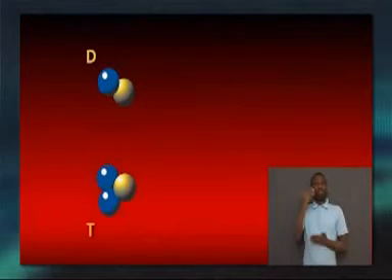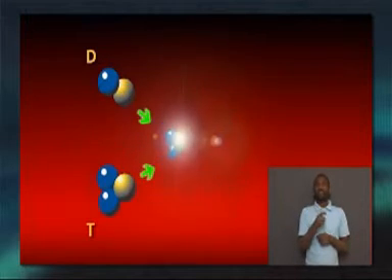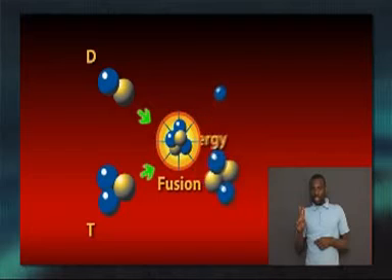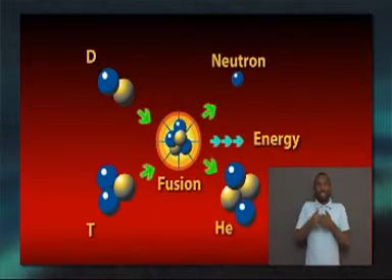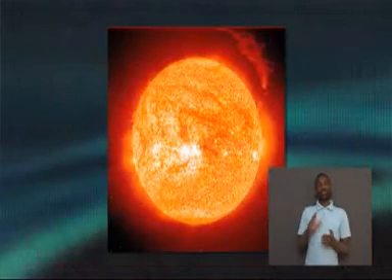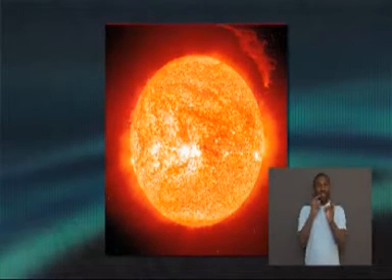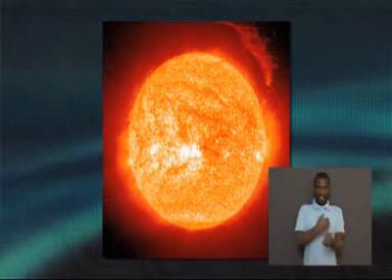Students, in a previous lesson, we looked briefly at what happens when deuterium and tritium, two isotopes of hydrogen, undergo fusion. We determined that they produce helium, a free neutron, and a significant amount of energy.